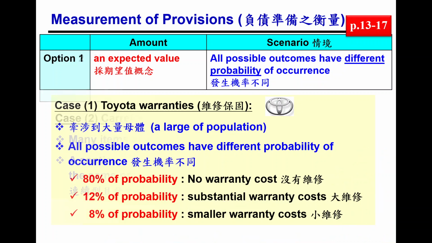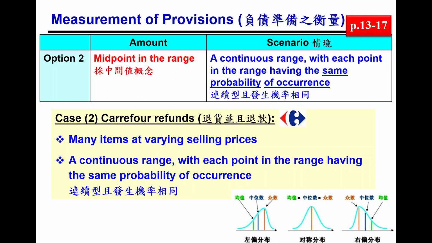How about the second option? We use the midpoint, the median in the range. Usually, what kind of case do we use that for? It's like this. Have you learned this figure from your statistics? Normal distribution.